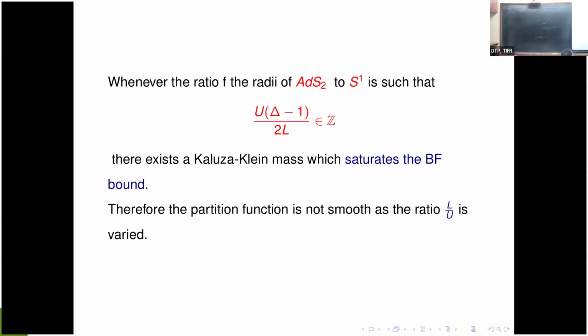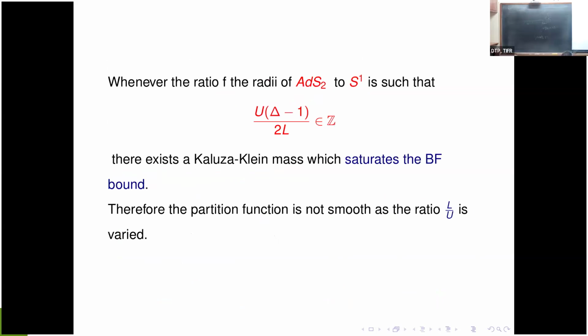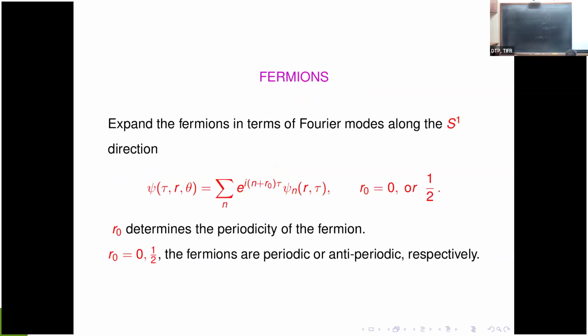So whenever these moduli or backgrounds are dialed and you reach this particular point, it's not smooth. If you do the same thing for the fermion, it's good to know this. Delta is some R charge of the phi field. And so whenever this becomes an integer, it becomes a problem.